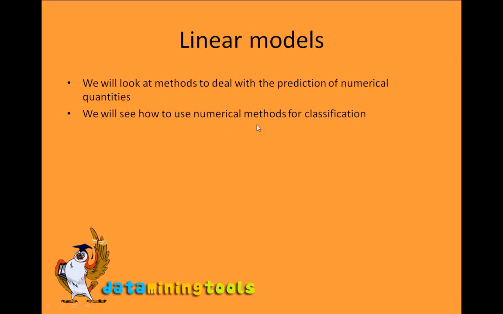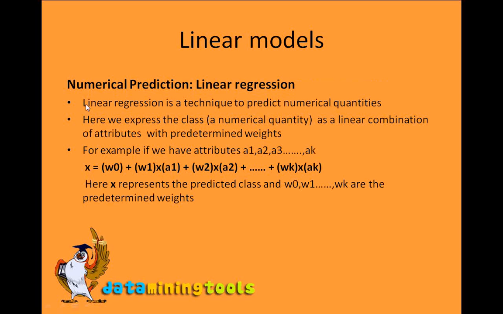So let's begin. To do numerical prediction, the technique which we use is called linear regression. Linear regression is basically again a technique to predict numerical quantities. Here we express the class, that is, a numerical quantity which needs to be predicted, as a linear combination of attributes with predetermined weights. So if we have k attributes a1 to ak, and the class to be predicted is x, then x is represented in this form where w0, w1 to wk are the predetermined weights.